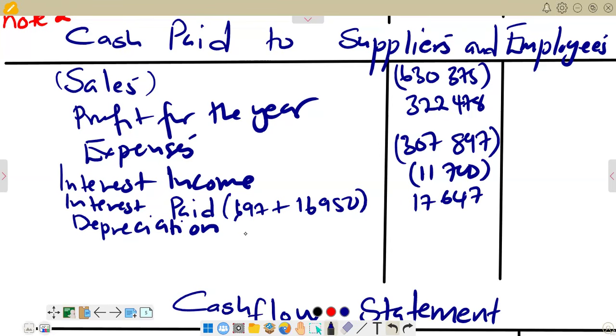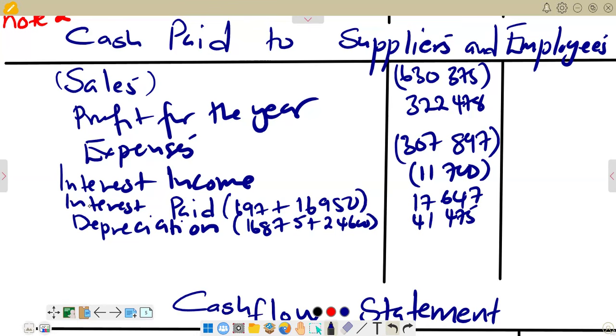In brackets, we are saying 16,875 plus our 24,600. And then the total that we are supposed to get is 41,475. And then obviously we are now checking changes in working capital.